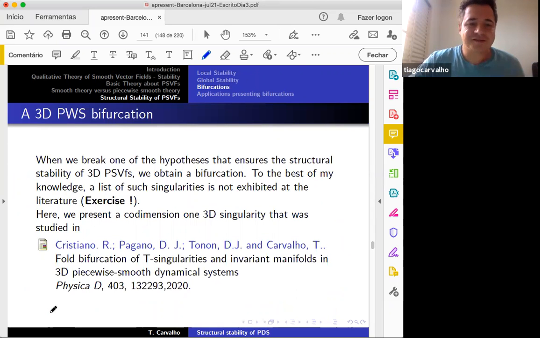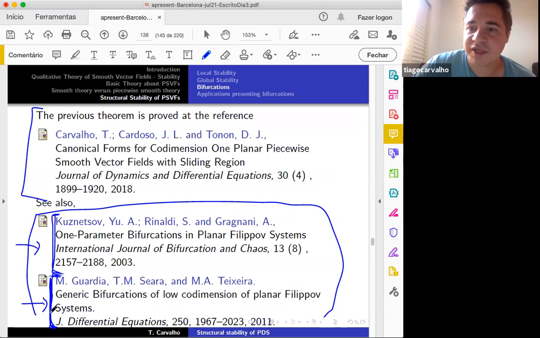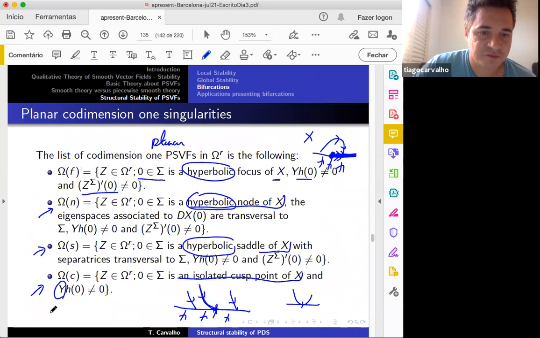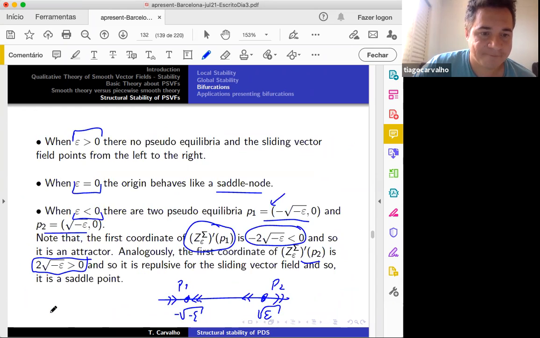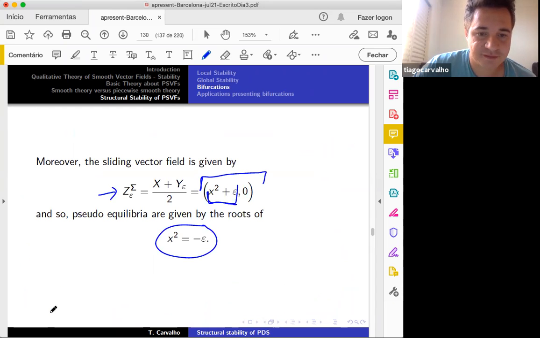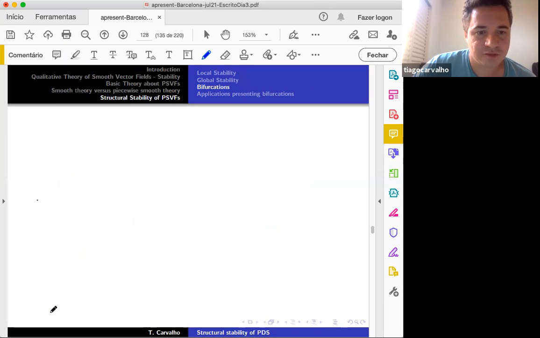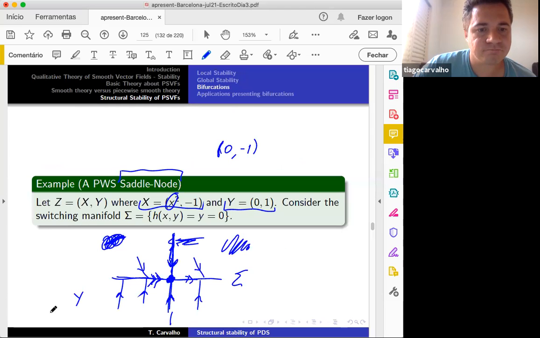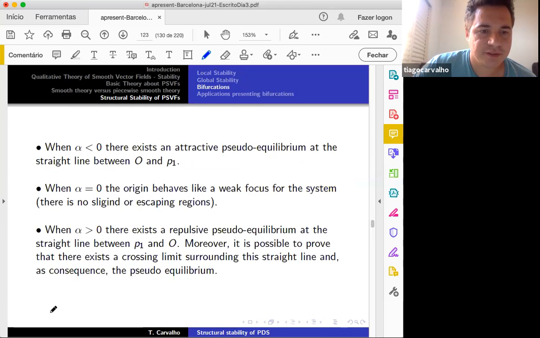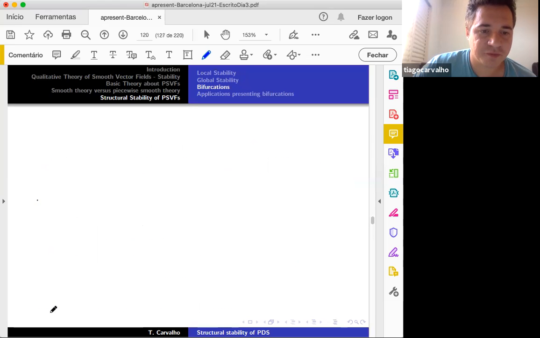So let's make an improvement here. Until now, we saw bifurcations of two-dimensional, of planar, in fact, piecewise smooth vector fields. We saw this saddle node, and also we saw the Hopf bifurcation.